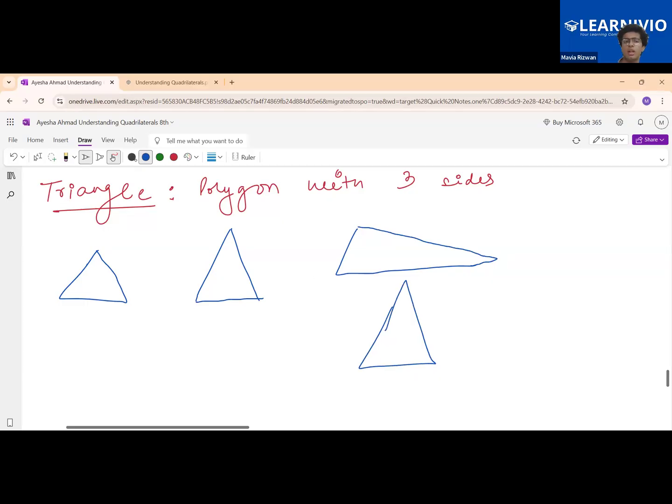Now suppose I have a triangle in which the three sides are equal. Do you know what type of triangle it is? Where the three sides are equal. This is known as an equilateral triangle. What do we call it?